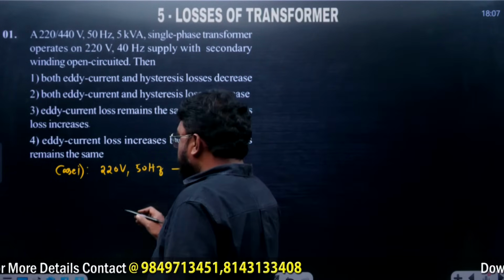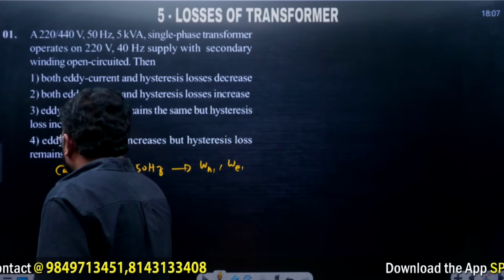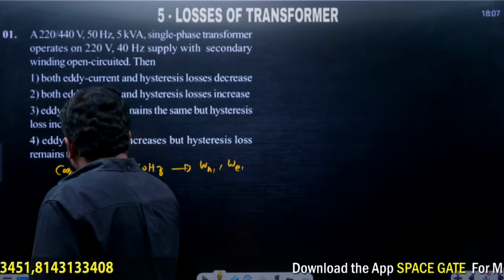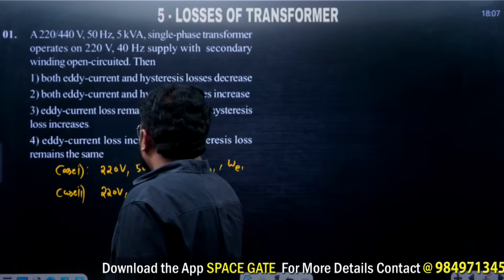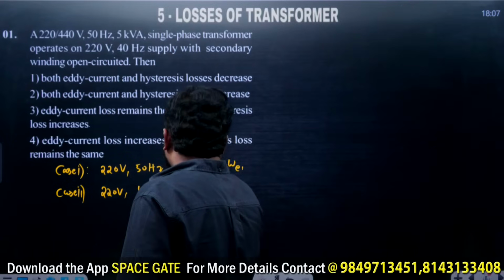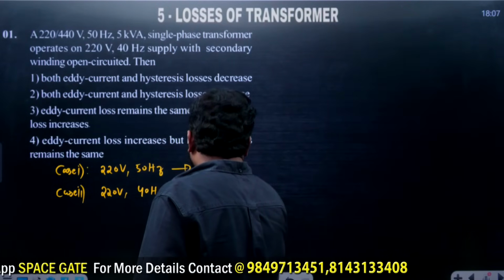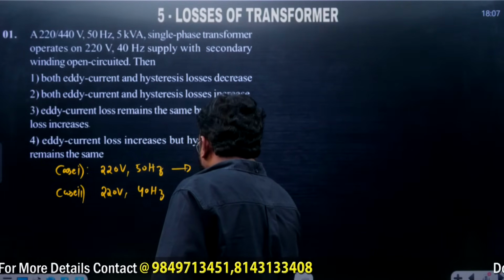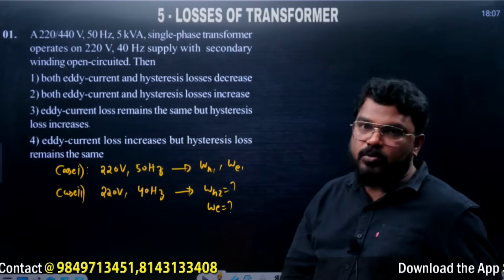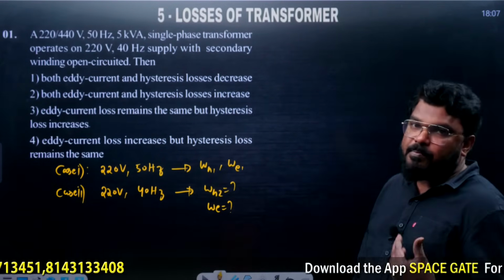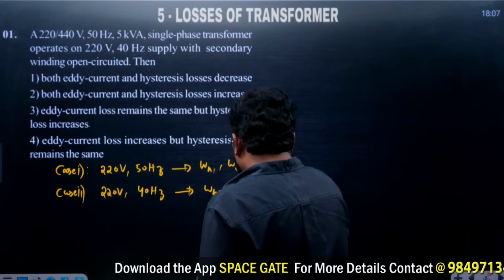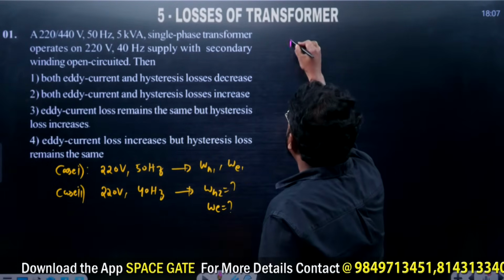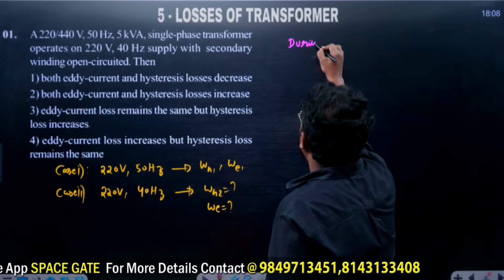And in case number 2, applied voltage is 220 volts only and frequency is 40 Hz. Then what will happen in the hysteresis losses and also eddy current losses? These are the two questions. First verify the flux density, whether it is constant or not.